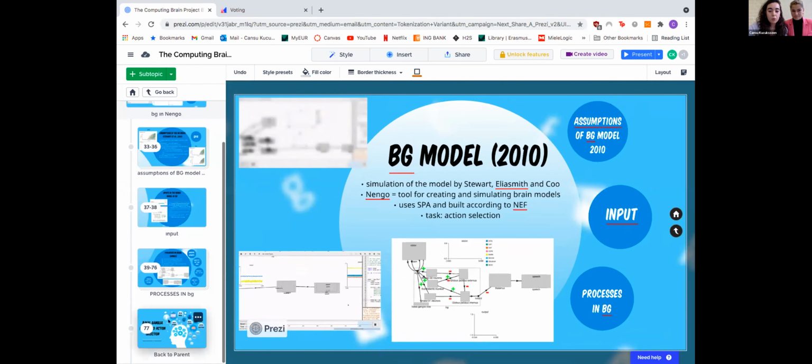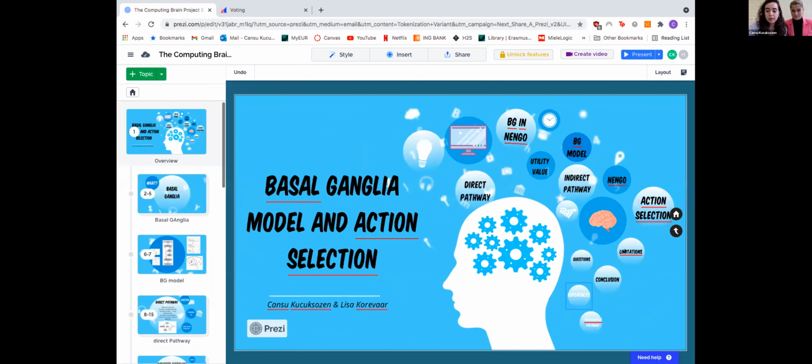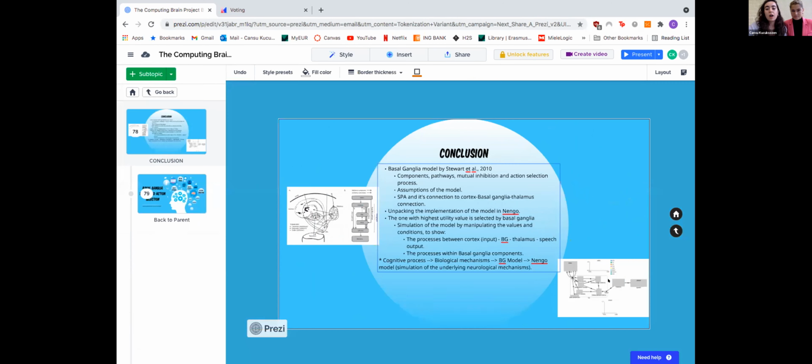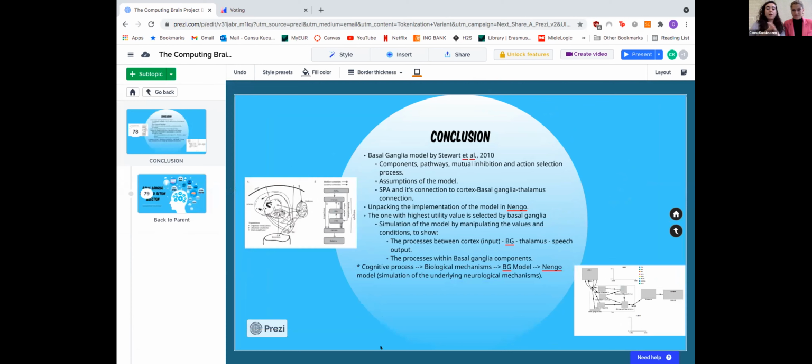So basically, in the conclusion, we showed how the basal ganglia model and the mutual inhibition process work in order to select one action from other possible actions. This is via the direct, indirect, and hyperdirect pathways that compete with each other in order to choose one action at the current time.